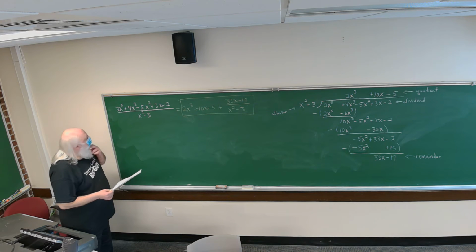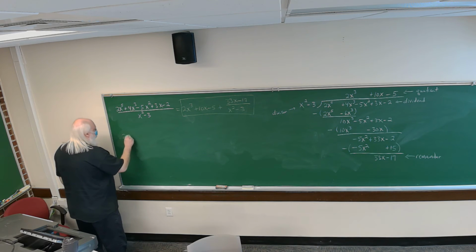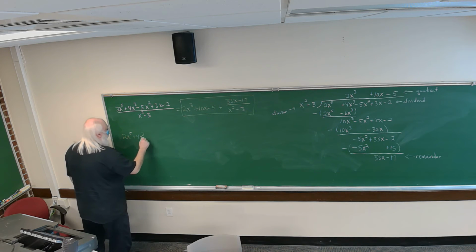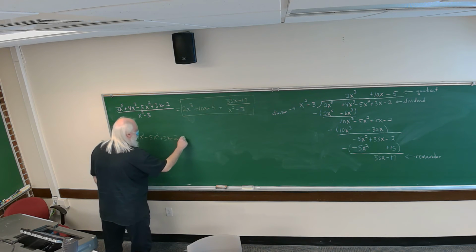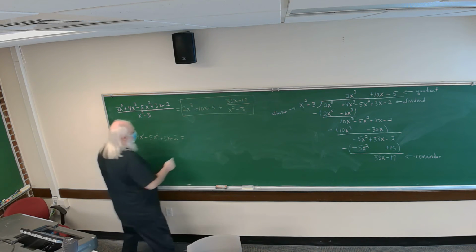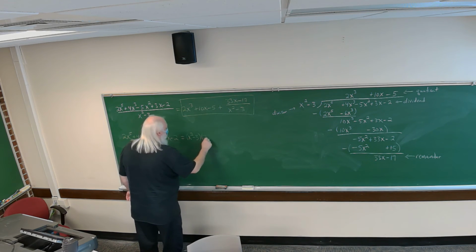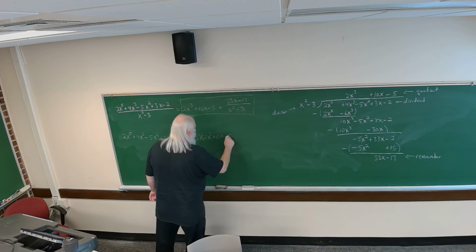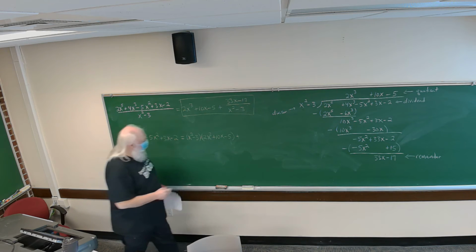And if we multiply both sides of this equality by x squared minus 3, we get the dividend, 2x to the 5th plus 4x cubed minus 5x squared plus 3x minus 2, is equal to the divisor, x squared minus 3, times the quotient, 2x cubed plus 10x minus 5, plus the remainder, 33x minus 17.